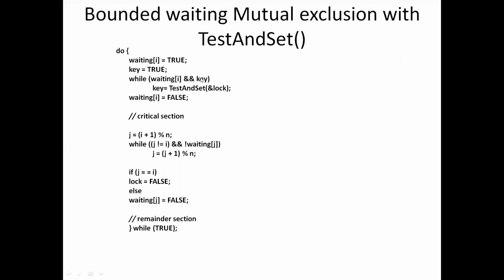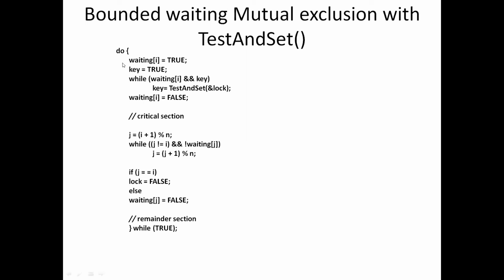Previously key was true, now the key value is false, so this condition is false. So control will come out of this while loop and execute the statement waiting of I equal to false. That is, we are making waiting of process 0 false. That means process 0 is not interested to enter into the critical section again.